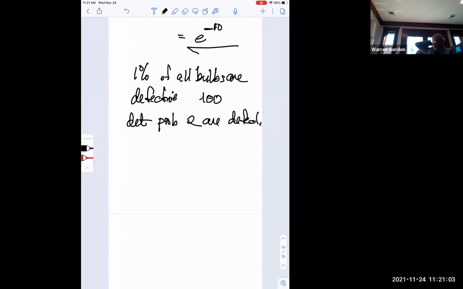Well, this is really a binomial distribution. If X is the number of defective, from 100, we're choosing 2. 1% are defective. And if you work this out, it's 0.1849.